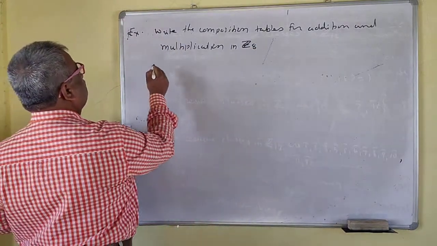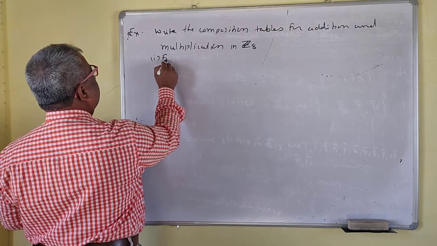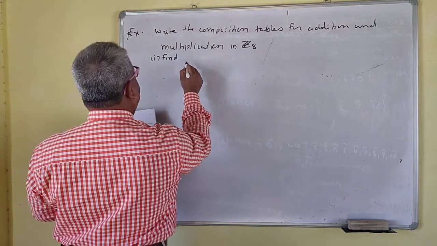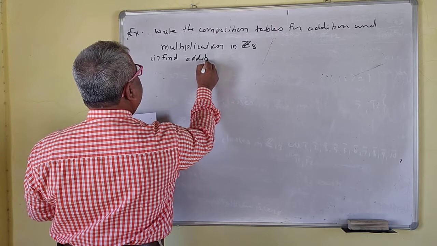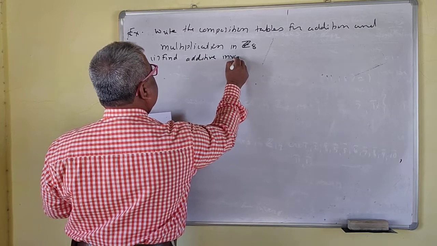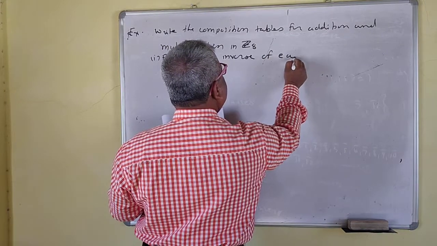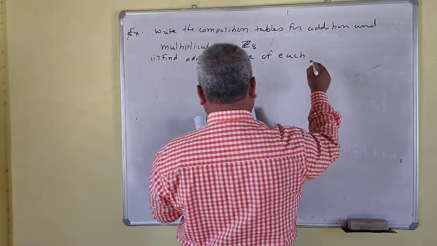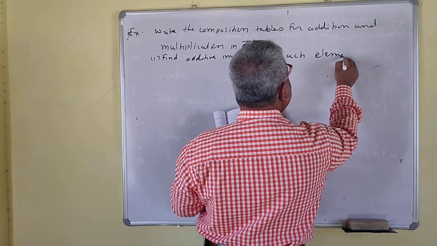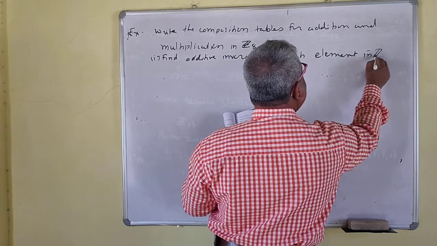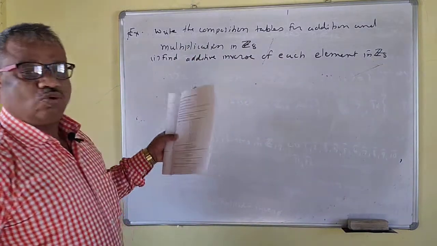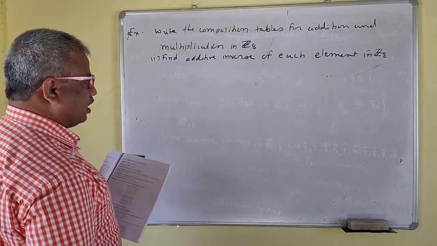First, find the additive inverse of each element in Z8. You can do the same for Z6, Z7, Z9.